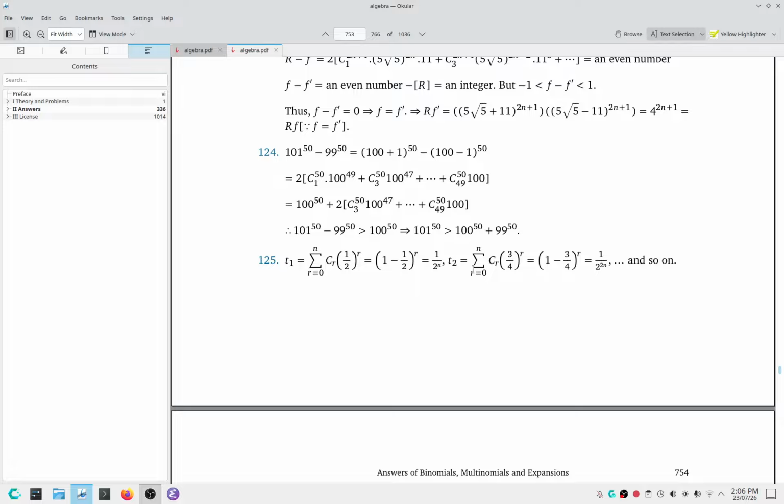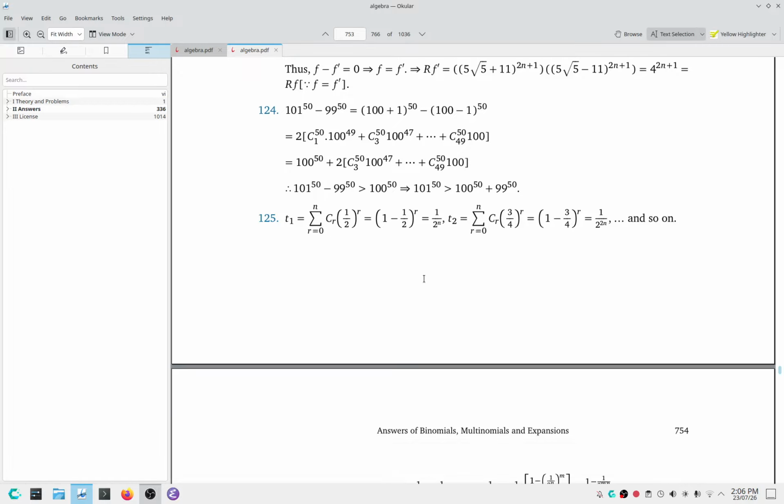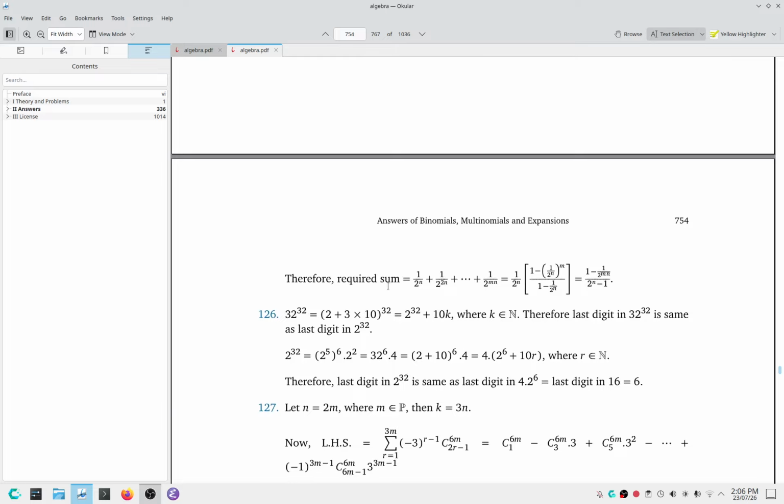Now T2 is sigma r is equal to 0 to n, CR times 3 upon 4 to the power r, that is 1 minus 3 upon 4 to the power r, which is equal to 1 upon 2 to the power 2n, and so on. Therefore, the required sum is 1 upon 2 to the power n plus 1 upon 2 to the power 2n and so on up to 1 upon 2 to the power mn, which is a geometric progression. And upon summing this for m terms, we have (1 minus 1 upon 2 to the power mn) upon (2 to the power n minus 1).